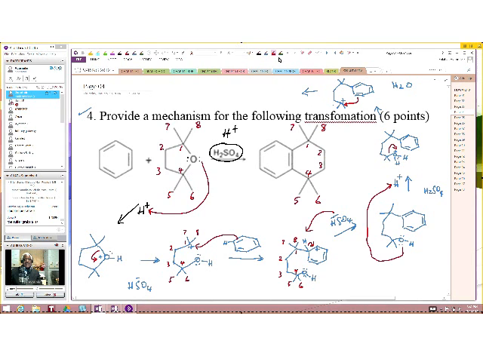Keep in mind that we have a hydrogen here. So, what do we have? We now have this.